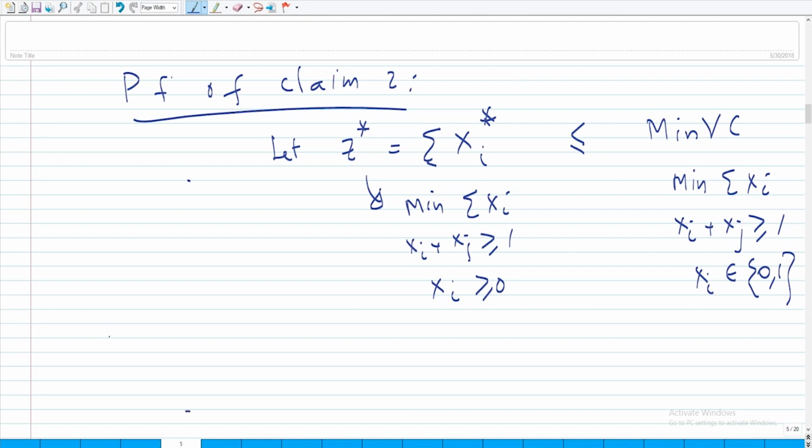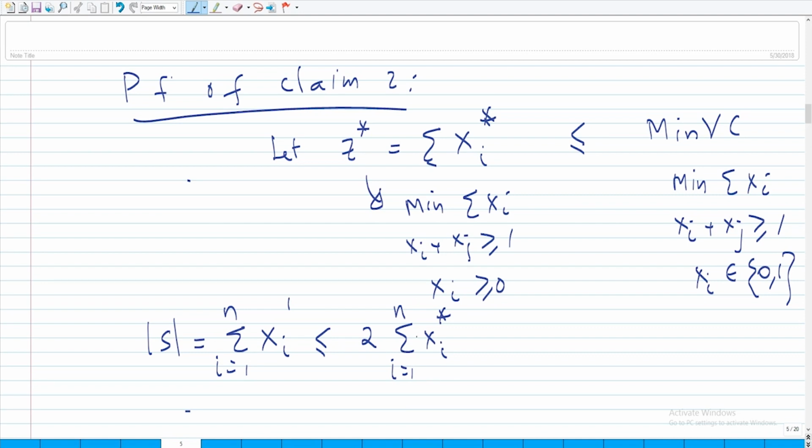Okay. So, now I need to prove claim 2 after establishing this. What is the cardinality of S? This is exactly summation x i prime, i equal to 1 to n, right, because whenever it was 1 I picked it into my S, and whenever 0 I did not pick it. And I claim that this is at most 2 times summation x i star, because what is the connection between x i star and x i prime?